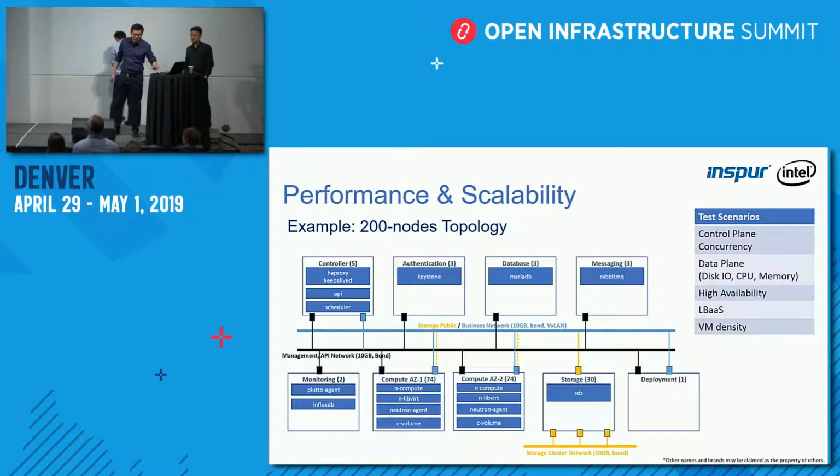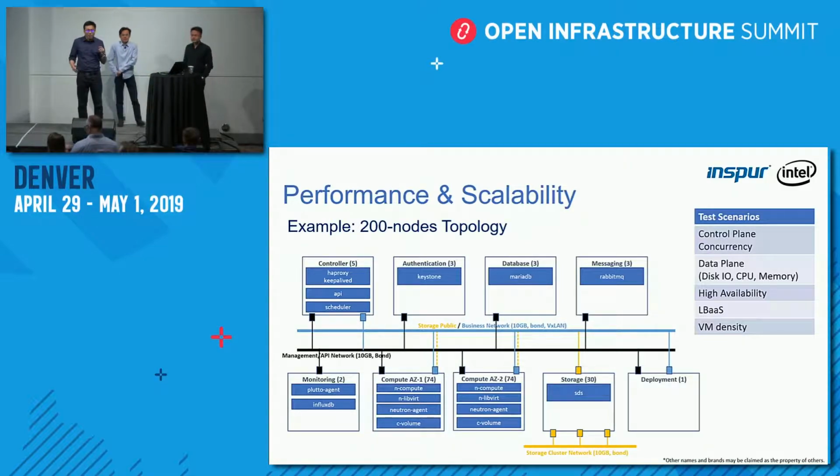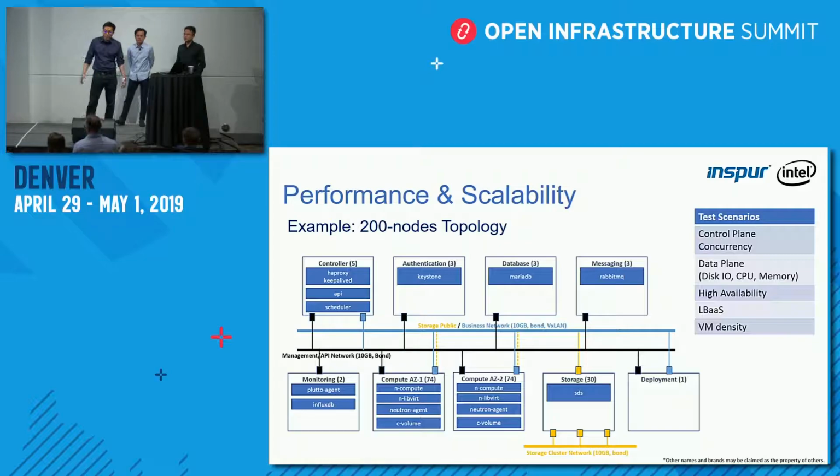to verify the high performance, high stability, and high efficiency at large scale. We designed a comprehensive test, including control plane concurrency, data plane performance, as well as operation efficiency and high availability. With the help of the Intel team, we built a 200-node cluster.